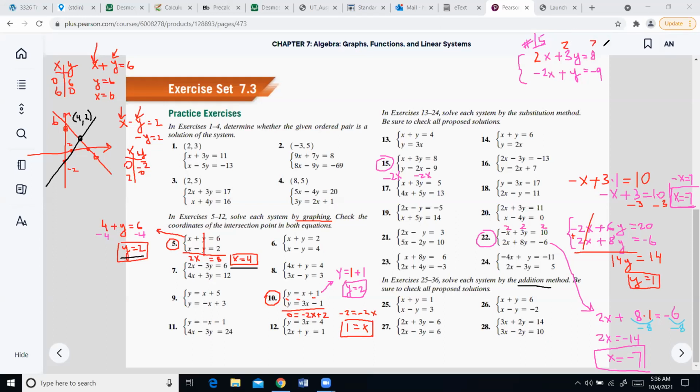My first equation, if I multiply by 2, that plus and minus 2x will nicely cancel. So I'm going to have 6 and 1, which is 7y's here on the left side, is equal to 2 times 8 is 16 minus 9 is going to be a 7. And we have a nice answer. Y is equal to 1, right?